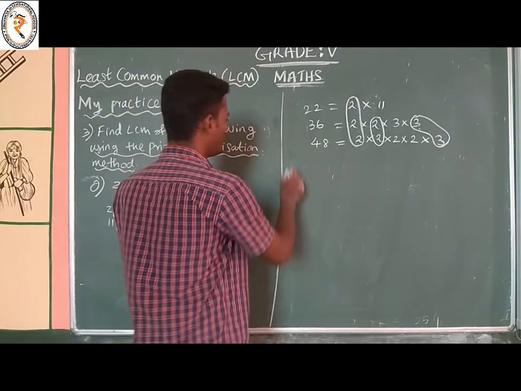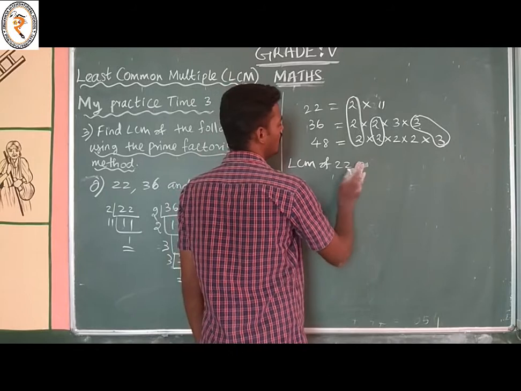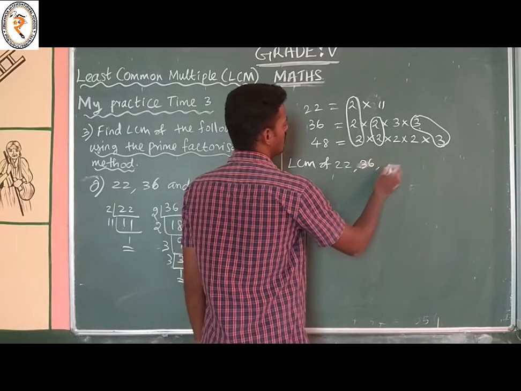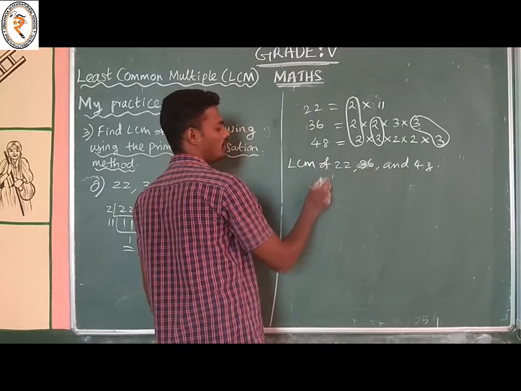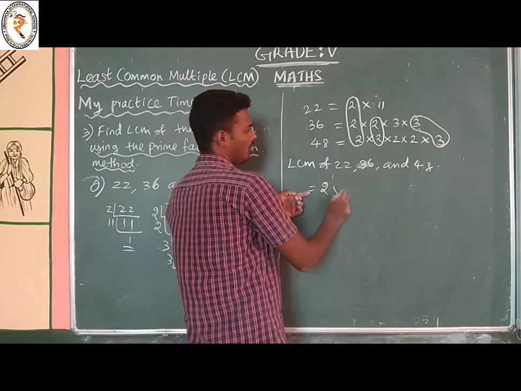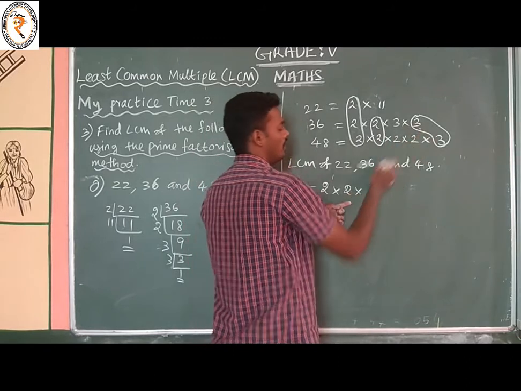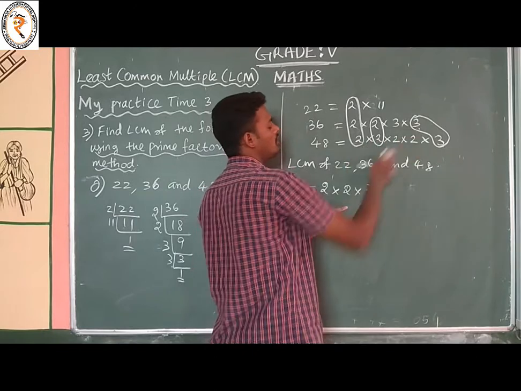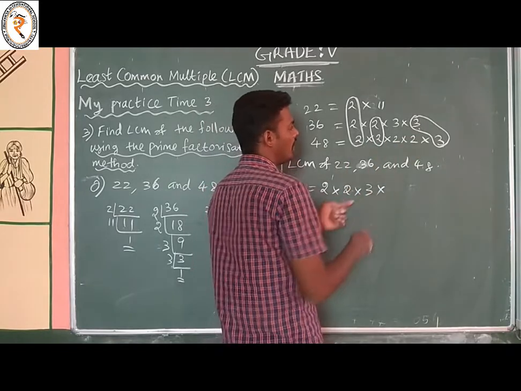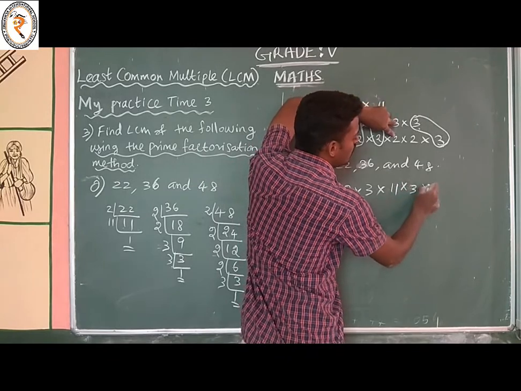So we can write LCM of 22, 36 and 48 is equal to: 2 is one common number, the other 2 is a common number, and the other 3. So common numbers 2, 2 and 3, and other numbers 11, 3, 2 and 2.